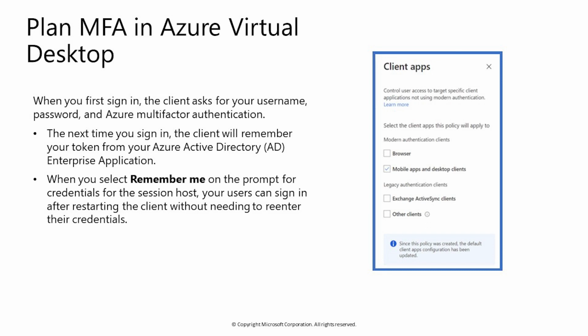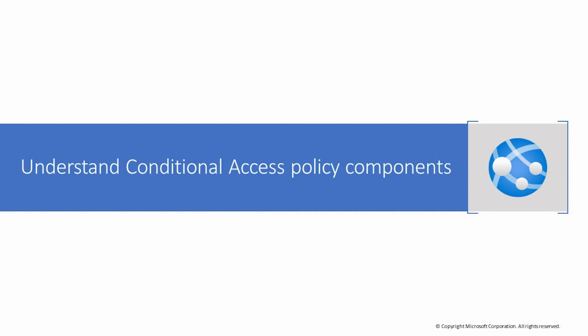The next time you sign in, the client will remember your token and the application you are trying to connect to. Overall, the idea is to protect your users, so that you can make sure of the client or device, the browser, and the location from where you're connecting, ensuring only authorized people are using that service.